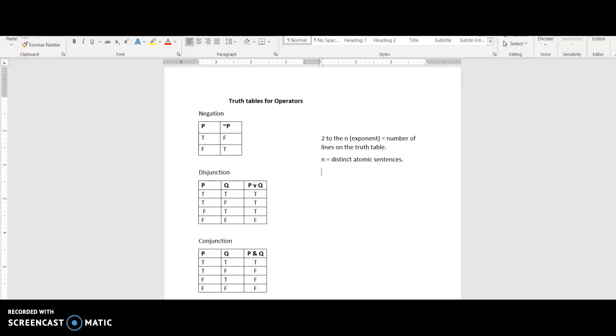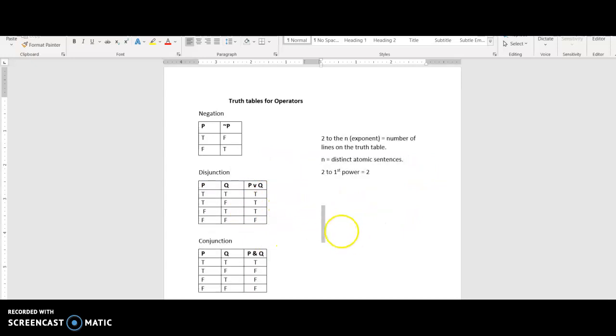So with negation, we have 1, so 2 to the first power equals 2, so we have two lines in the truth table.